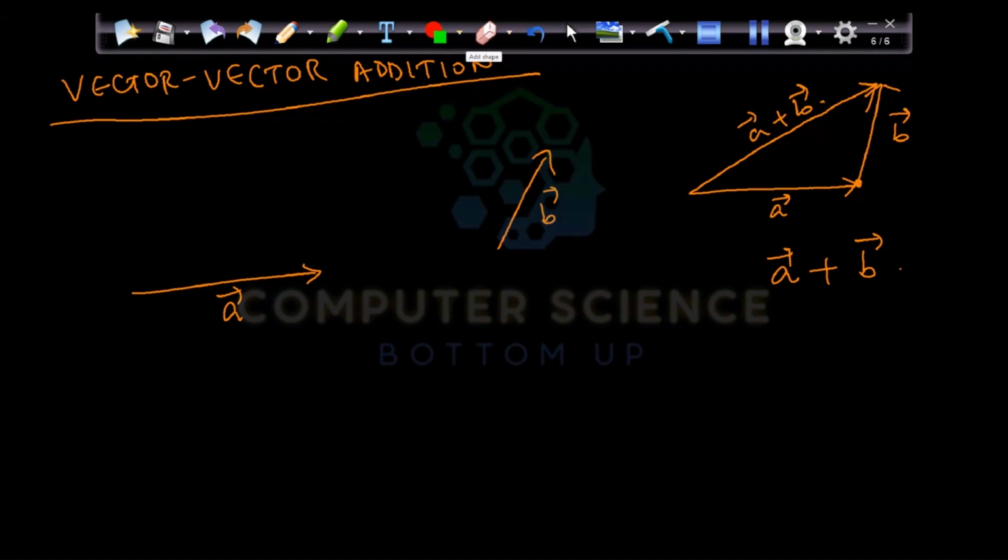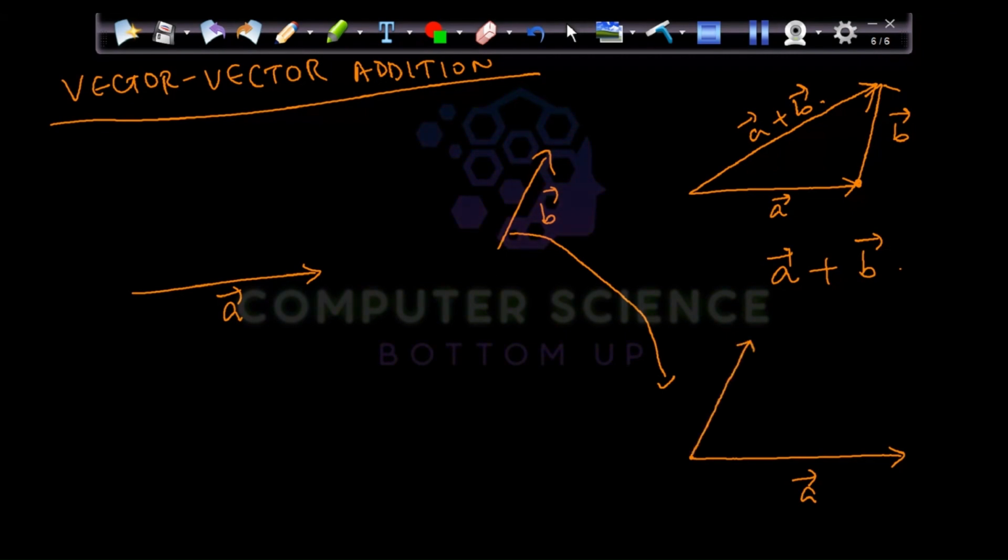There's another way you can find the sum of two vectors, which is the parallelogram law of vector addition. In the parallelogram law, this is your a vector and b vector, and the initial tips of both coincide. So you make the initial tip of the b vector coincide with the initial tip of the a vector.